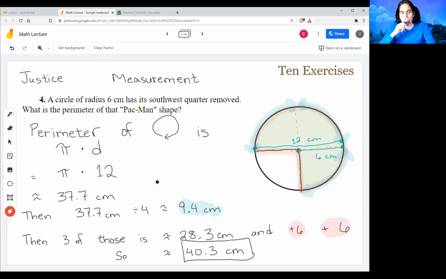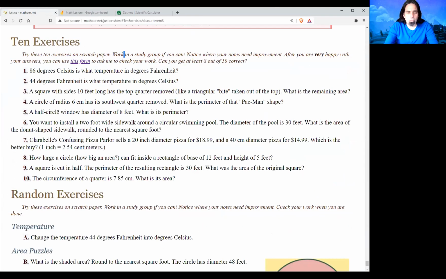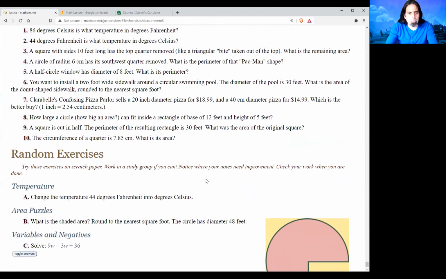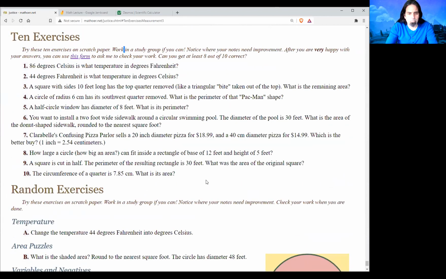Should we do another similar one? Sure. Let's see what we have for perimeter on the random ones. Let's do 5.